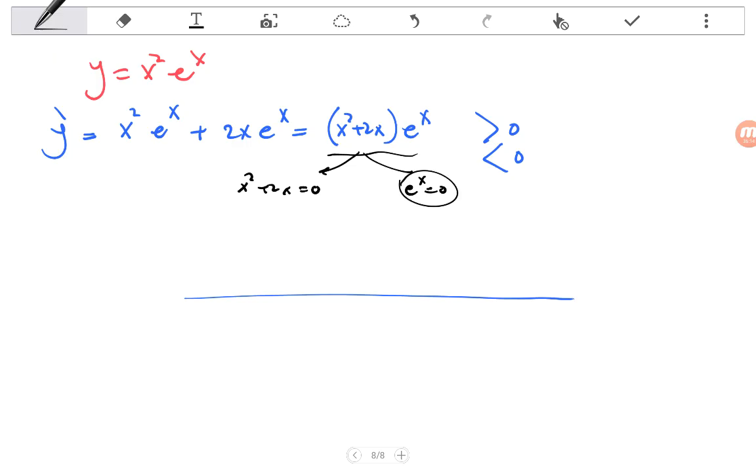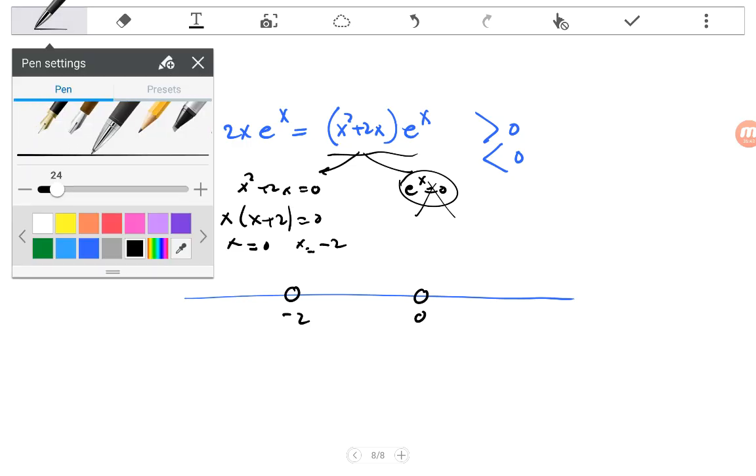Can e power x be equal to 0? No. It only approaches 0 at negative infinity, but in general it is rejected. So we have x times (x plus 2) equal to 0, which gives x equals 0 and x equals negative 2. So we have two zeros, negative 2 and 0. Then we have no poles for this function, okay?